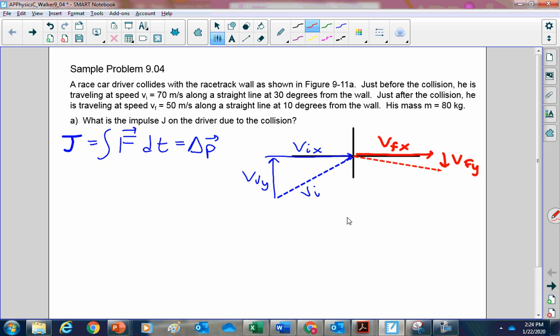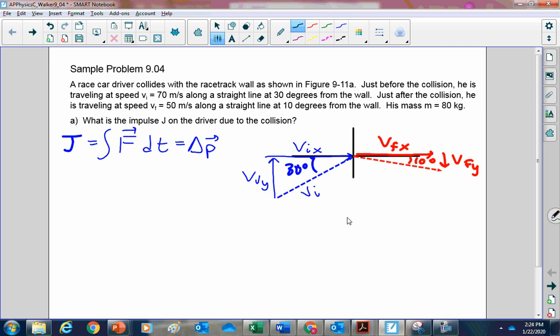And then we know that these are 30 degrees and 10 degrees here. Okay, so let's split these up into x and y.